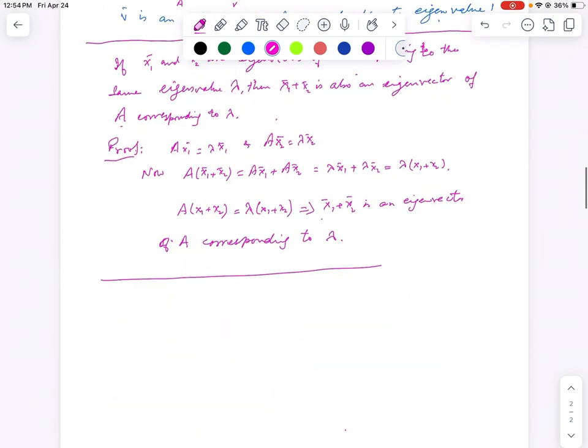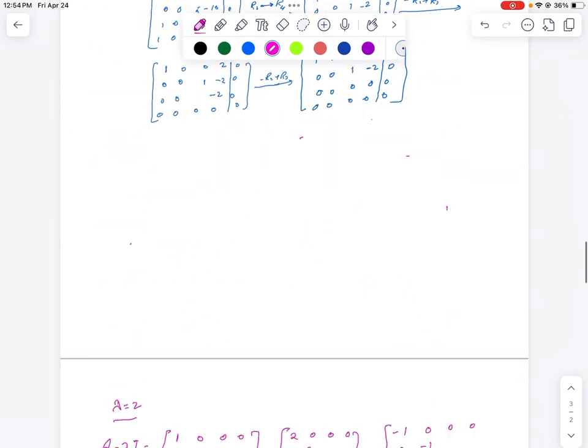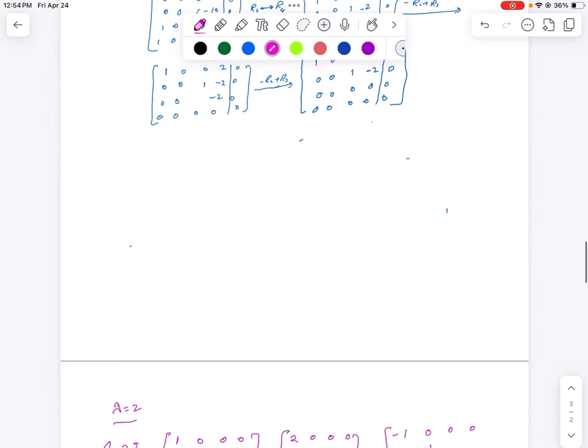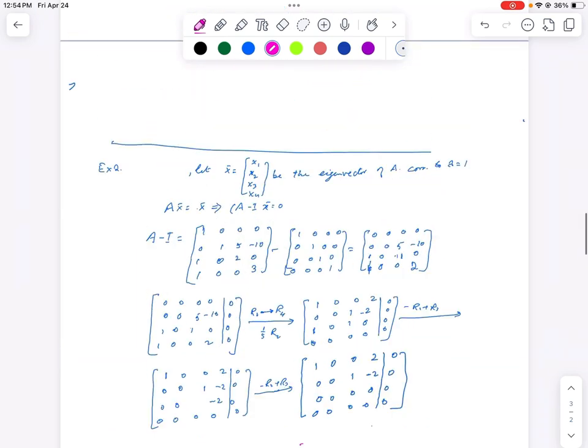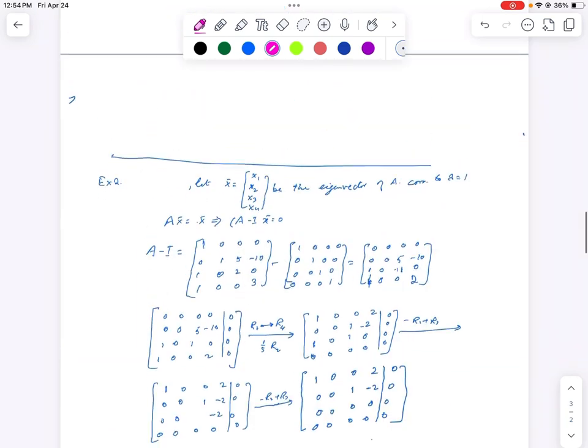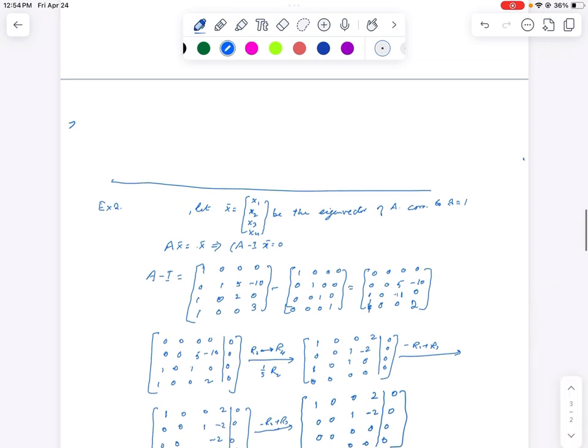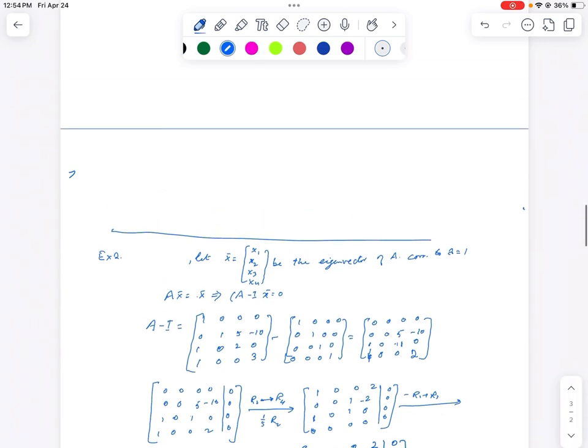Down here I have done some work for you so that it doesn't take too much time. Let x be x1, x2, x3, x4, the eigenvector of A corresponding to lambda equal to 1. We are doing the example with lambda equals 1.